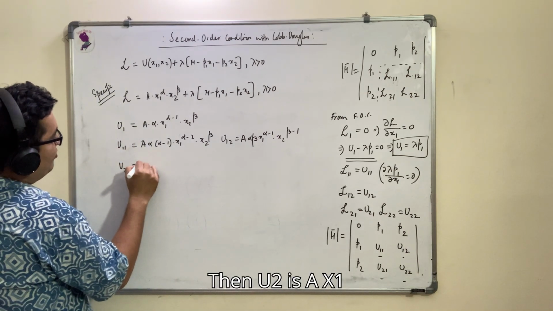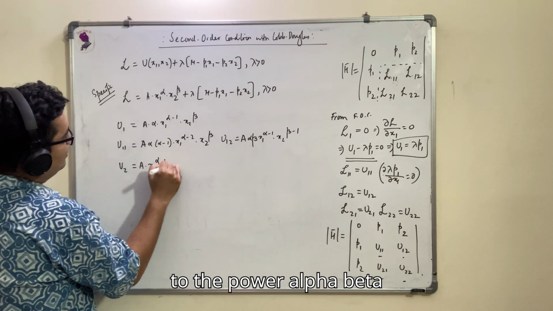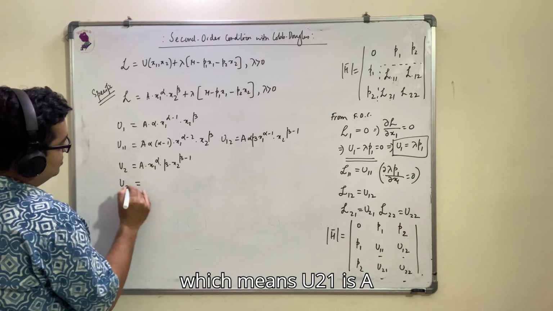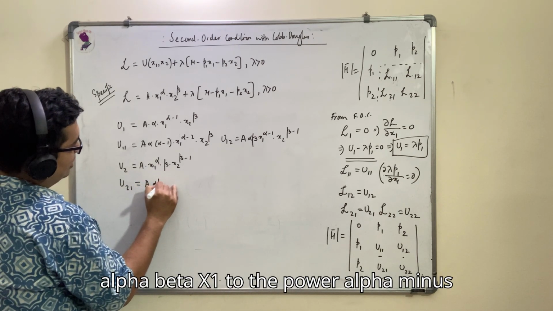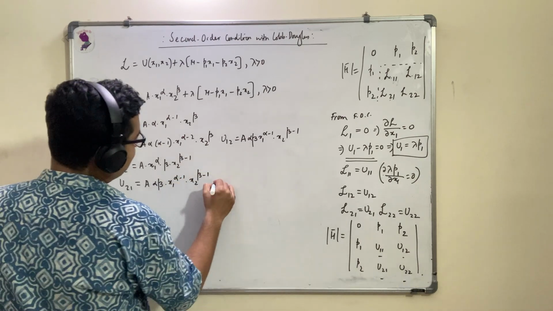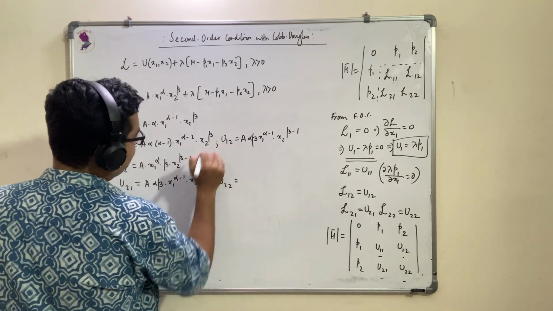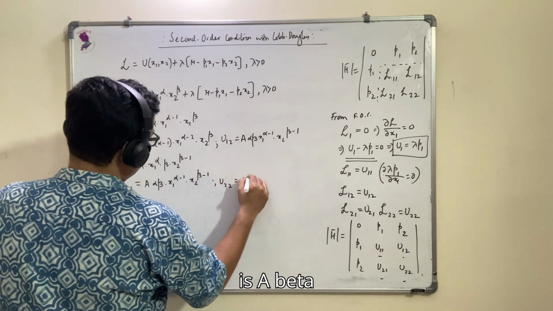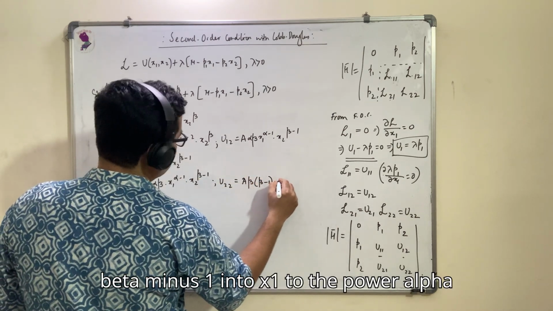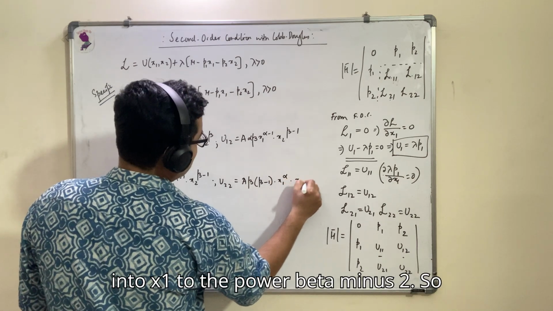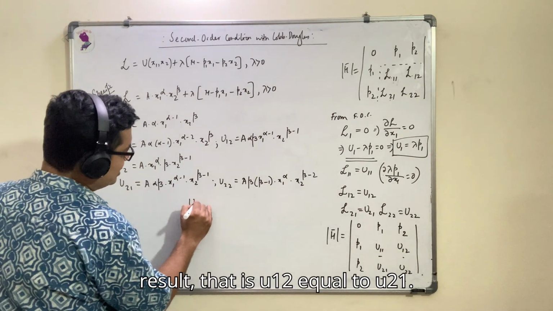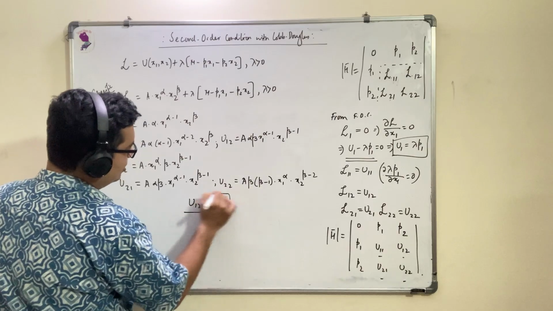Then u2 is A beta x1 to the power alpha, x2 to the power beta minus 1, which means u21 is A alpha beta x1 to the power alpha minus 1, x2 to the power beta minus 1. U22 is A beta into beta minus 1 into x1 to the power alpha into x2 to the power beta minus 2. So from here we can directly see the basic result, that u12 equals u21.